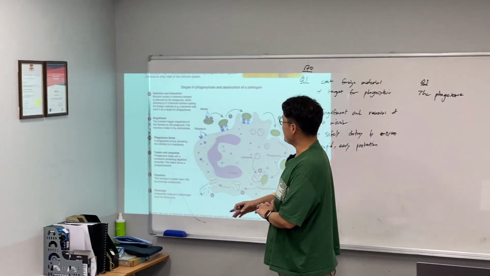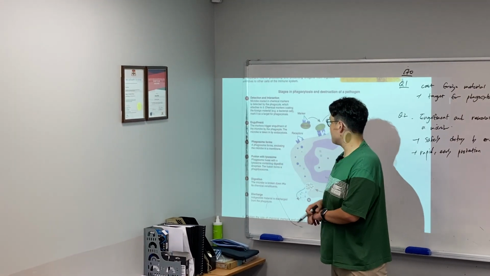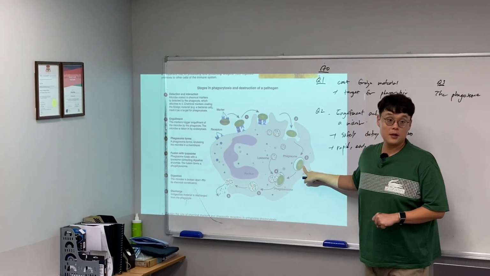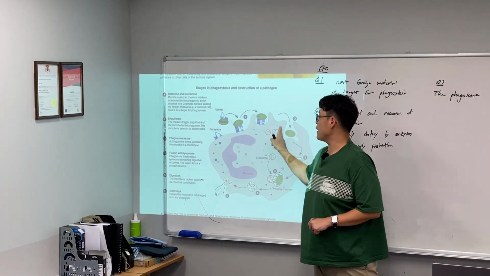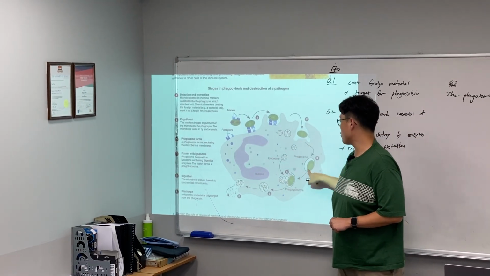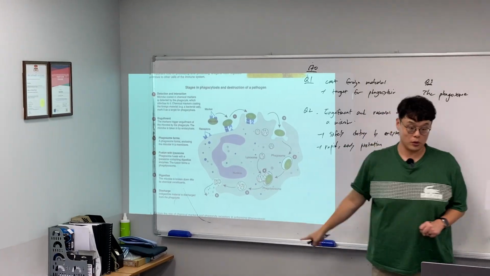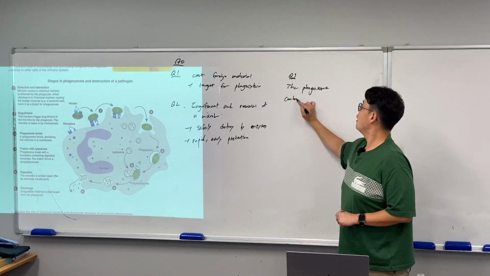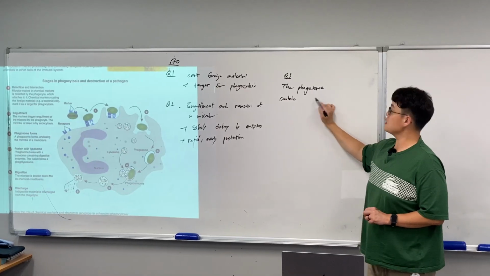Have a look at step 3 here. Phagosomes are enclosing microbes in the membrane. Once the macrophages engulf the microbes, a phagosome forms, and the phagosome contains the digestion process.